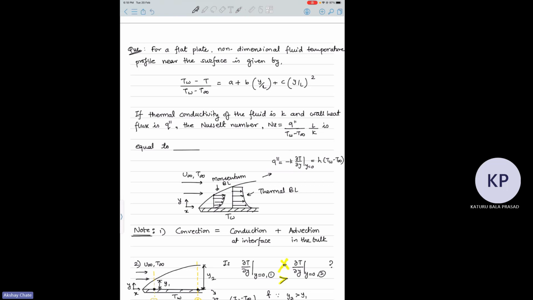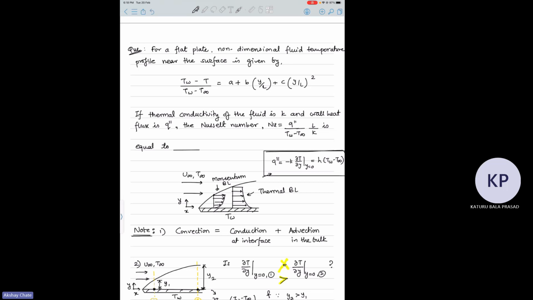So this is the general heat balance or energy balance that is done, and that is what we are going to use for solving this question. And this was done in class also. Whatever heat is coming, the same is going out via convection.